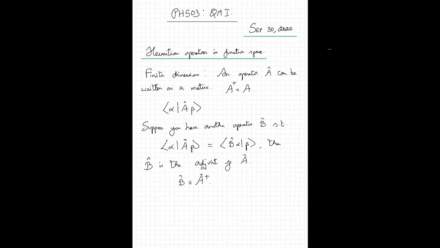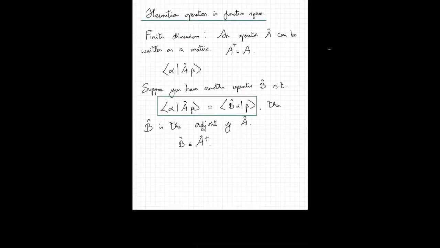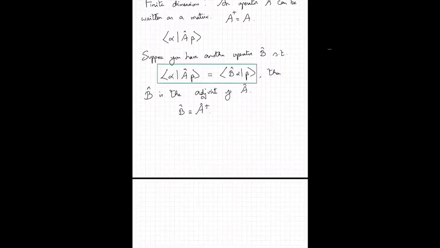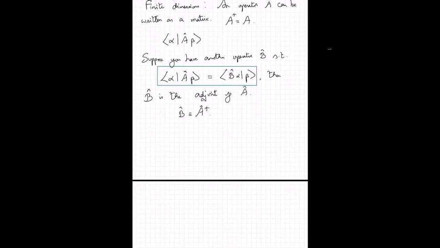But it should satisfy the crucial property that the inner product of alpha with A beta is the same as the inner product of B alpha with beta. Now, before I proceed, I would like to tell you that there is a slight technical aspect to this discussion of Hermitian versus self-adjoint.